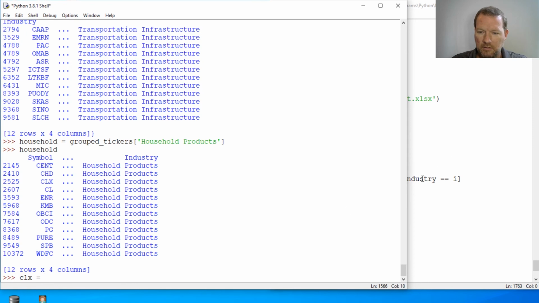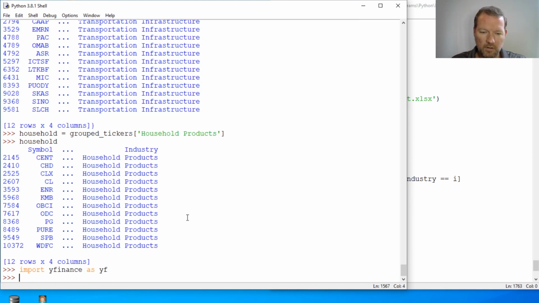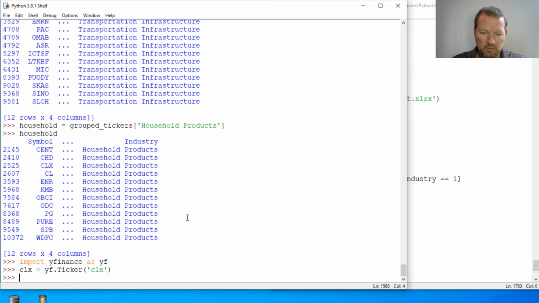CLX. So let's just go ahead and bring this in. I don't think we have import yfinance as YF, then YF dot Ticker. That's Clorox, CLX. Forgot to close that out.